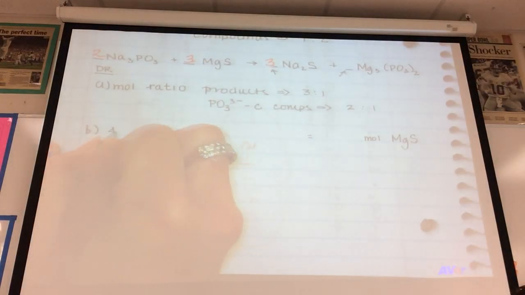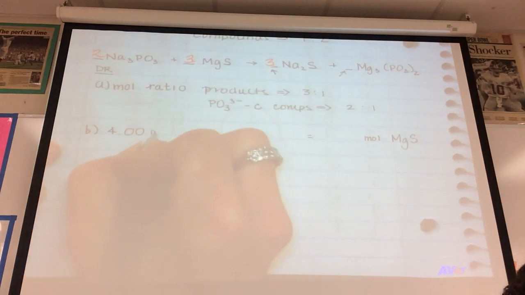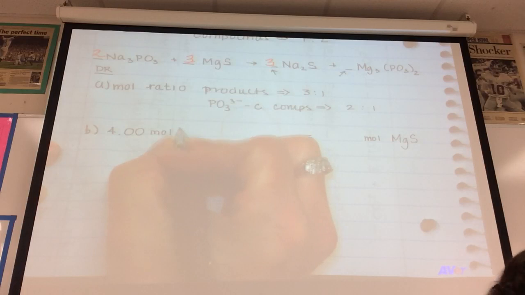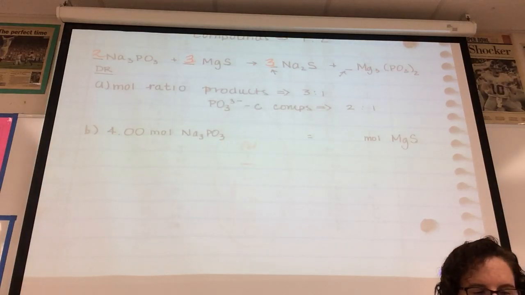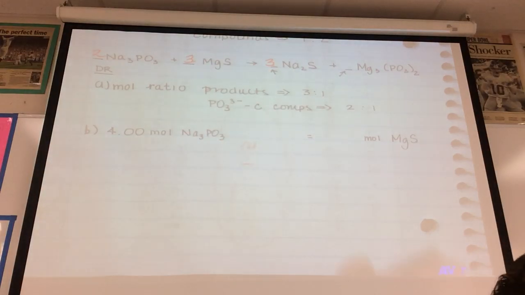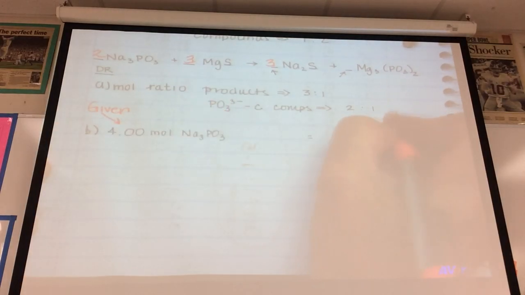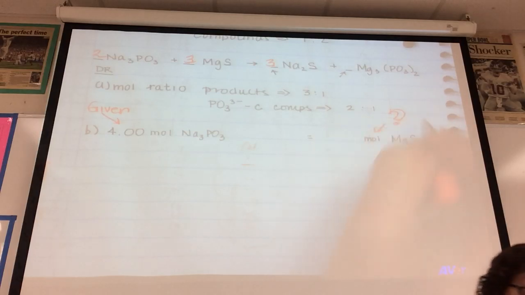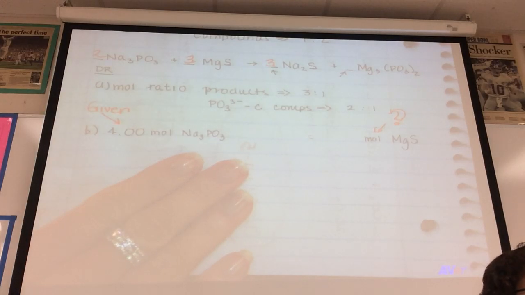That's my given. It goes to the left. Here's my given. This is what I'm looking for. Questions on the setup.